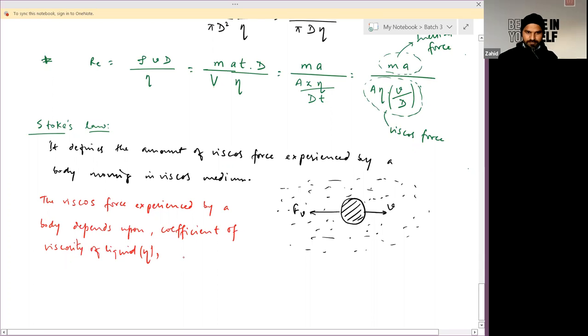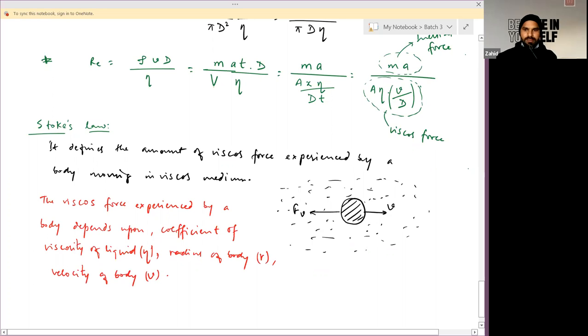Next, the radius of this ball. We just assume a spherical shape of this particular ball, so it may have the same curvature from all its sides. Next is the velocity of the body, v.